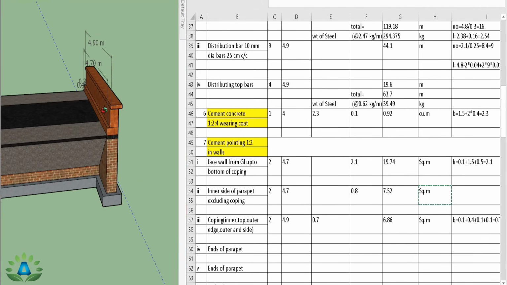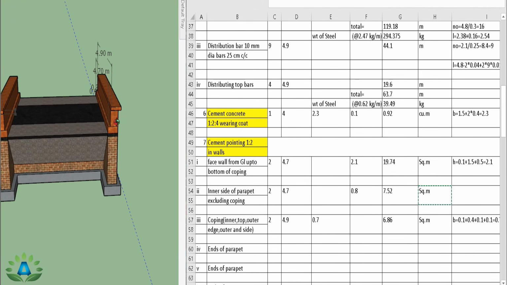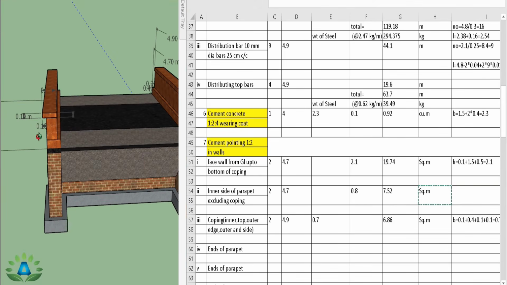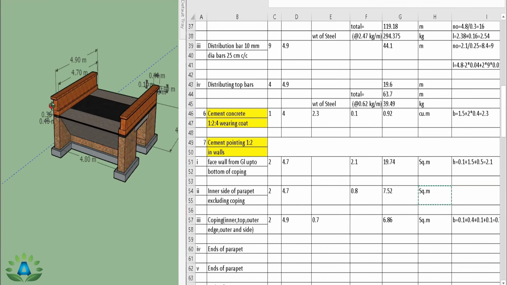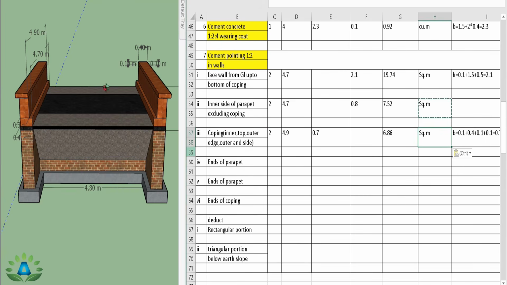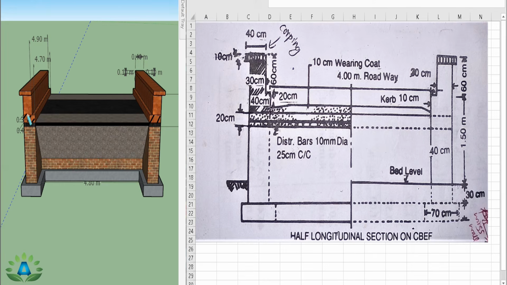Now the only part we have left is this side portion, this side portion, and this side portion, and this side portion. Now we are going to do this cement pointing on these ends of the parapet, that means this portion. So we are going to do these ends of the parapet, that means these two portions from one side and another two portions from the back side.